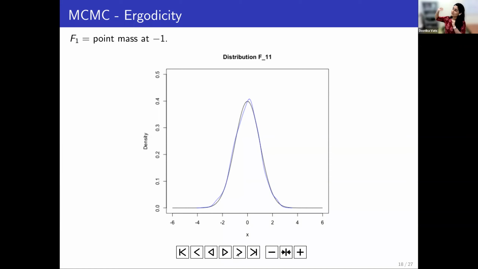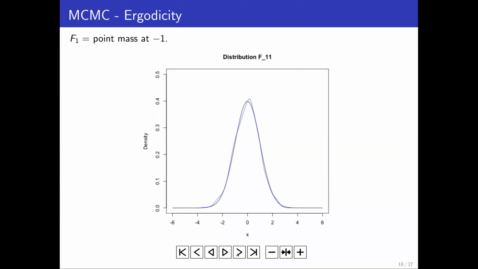If you choose a point that's very far away, imagine starting this Markov chain at 100 and taking very small steps. Starting from 100, coming to here will take 1,000 steps, for example. So we have to tune our Markov chain so that it takes bigger jumps, but not too big, because if it starts taking too big jumps, then it potentially will not move at all. And then we have to choose a starting distribution very carefully.